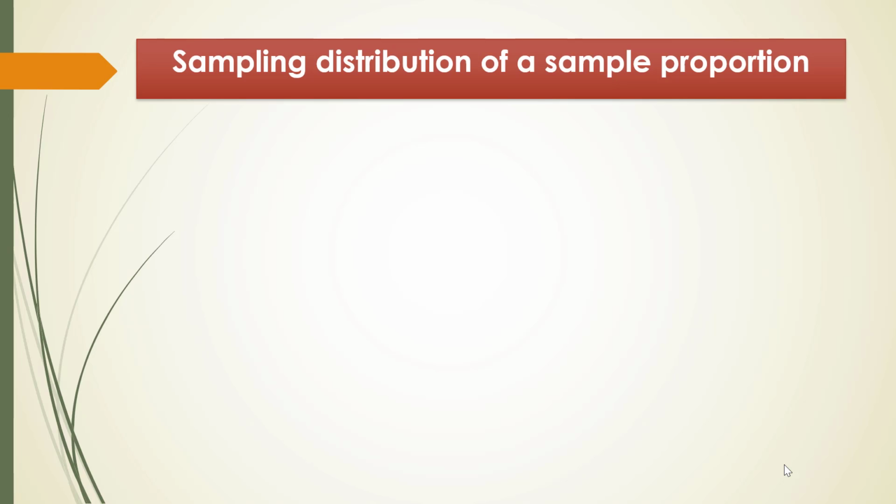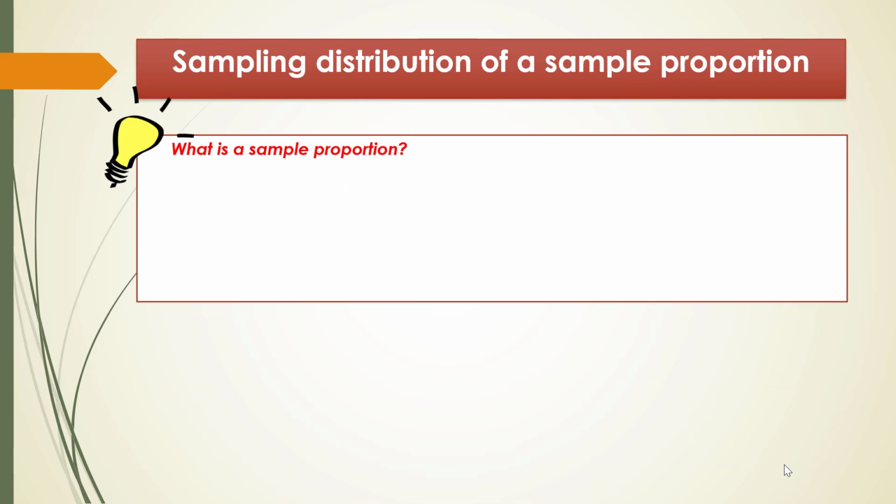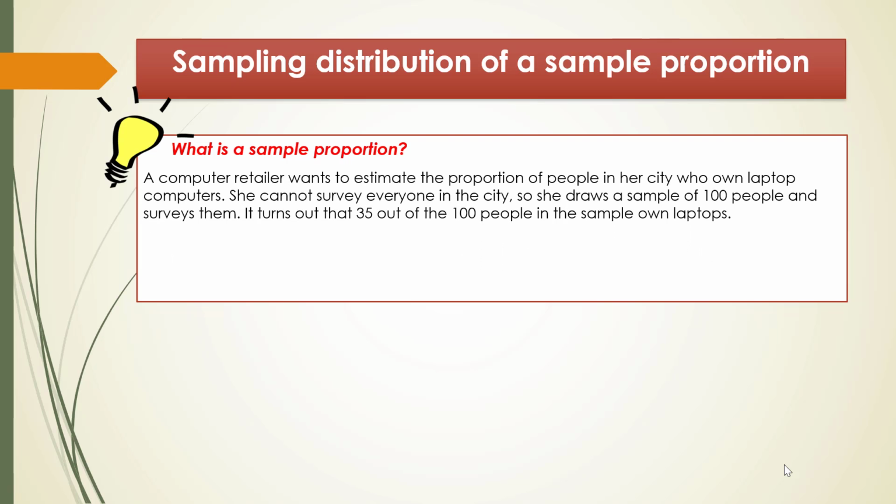First, sampling distribution of a simple proportion. So what is a simple proportion? To understand what a simple proportion is, let's walk through this example. A computer retailer wants to estimate the proportion of people in her city who own laptop computers. She cannot survey everyone in the city, so she draws a sample of 100 people and surveys them.